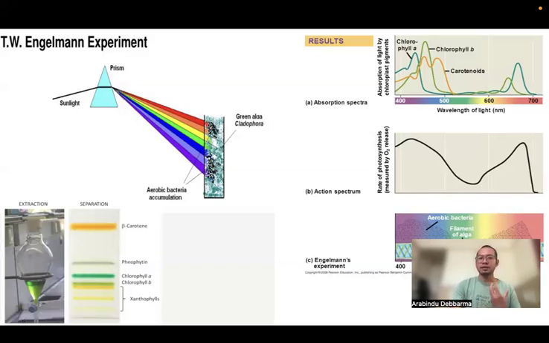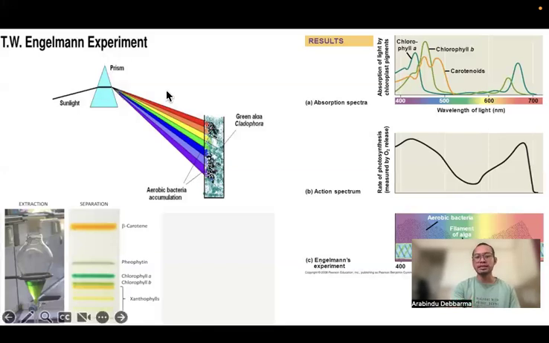And during photosynthesis oxygen will also be produced, so to check that he also used a group of aerobic bacteria. These aerobic bacteria will only go to the place where there is more oxygen, and more oxygen will be produced only where there is more photosynthetic activity.